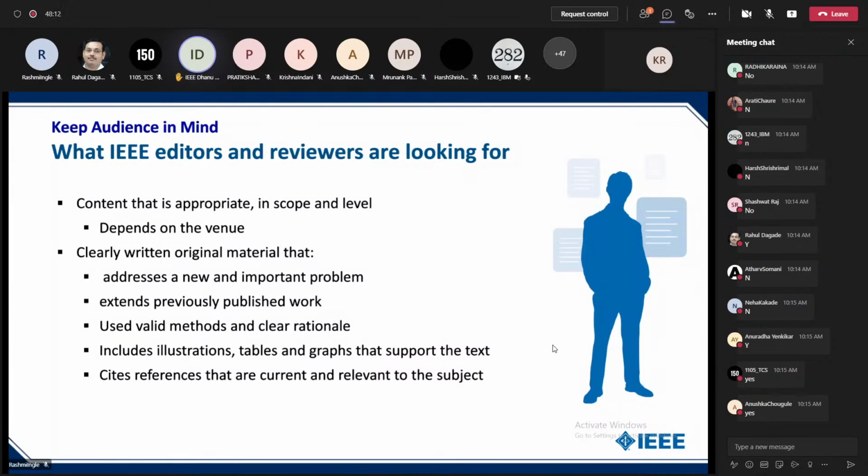They also look for valid methods and clear rationale, and whether the authors have included graphs, tables, etc., and cite references that are current and relevant to the subject. Many authors are not good at this, because it's very important for any author to look at the latest developments and go through the papers.